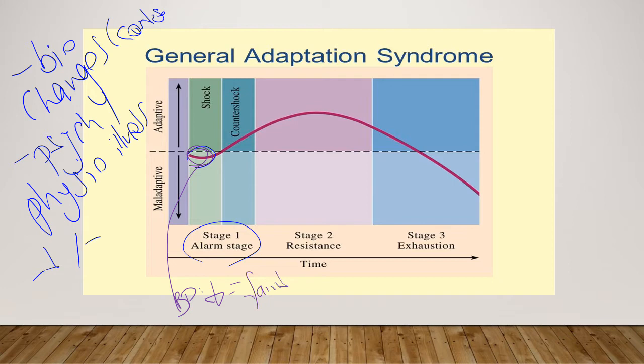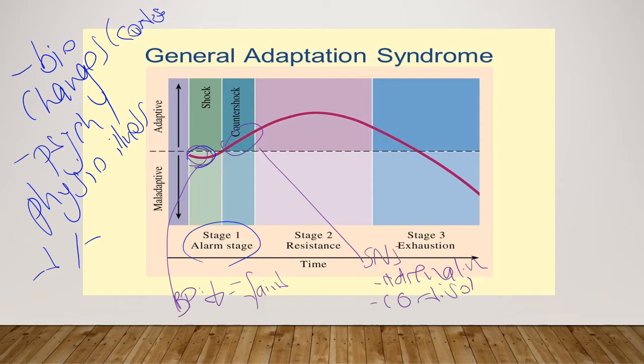Okay, so we're not really dealing with a stressor. In the countershock stage, this is when our sympathetic nervous system is activated and both adrenaline and cortisol is secreted, okay? So we begin to be able to deal with a stressor.